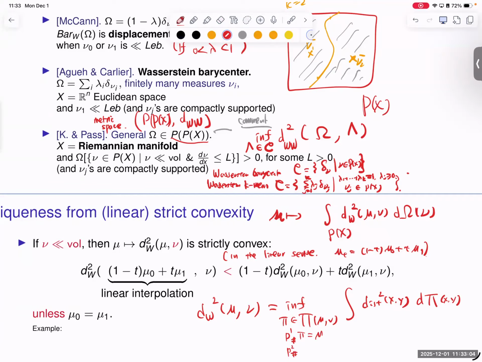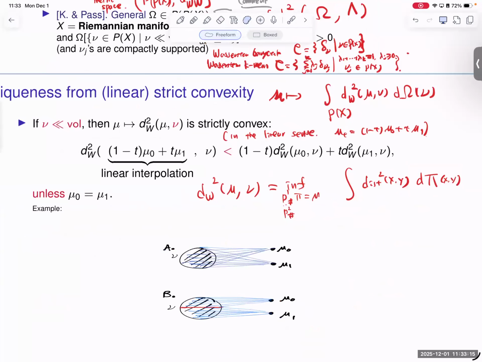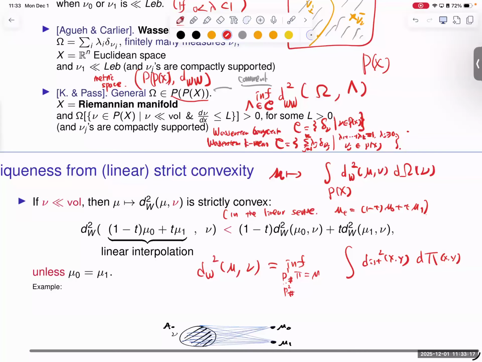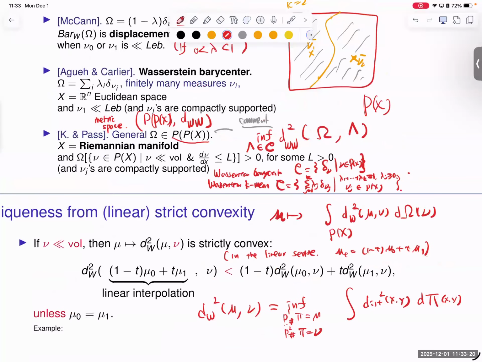Any transport plan from mu 0 to mu and mu 1 to mu, using 1 minus t and t, you can combine to construct a transport plan from 1 minus t mu 0 plus t mu 1 to mu.